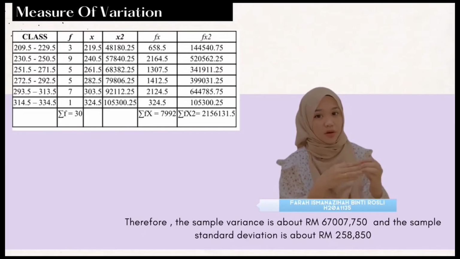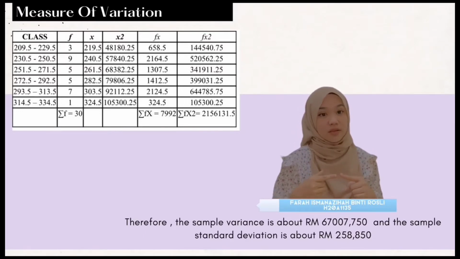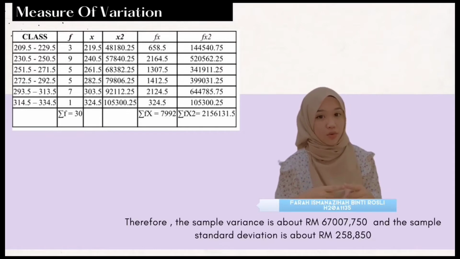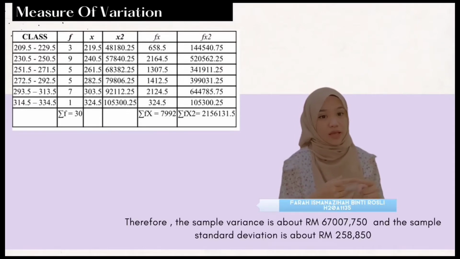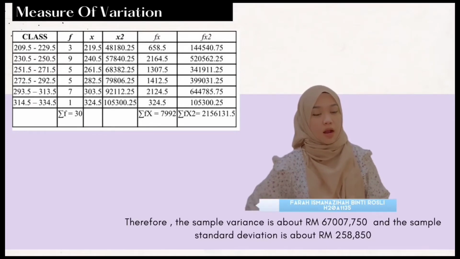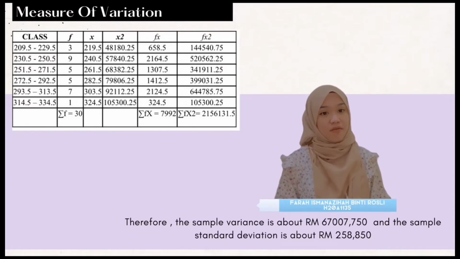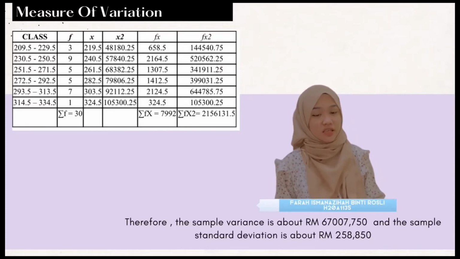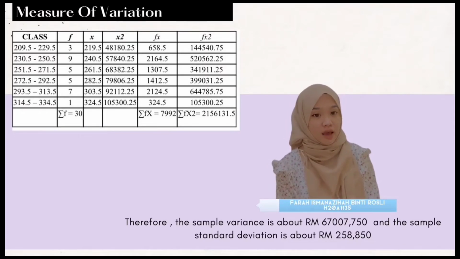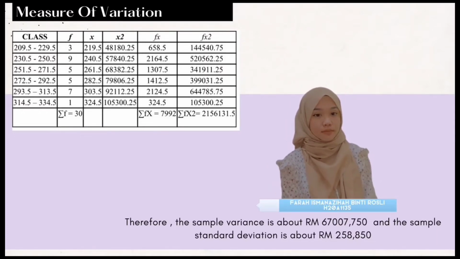The total that we calculated is 67007.75. For the standard deviation, we use the formula s equals the square root of s squared. The answer is 258.85. Therefore, the sample variance is about 67007.75 and the sample standard deviation is RM 258,850.